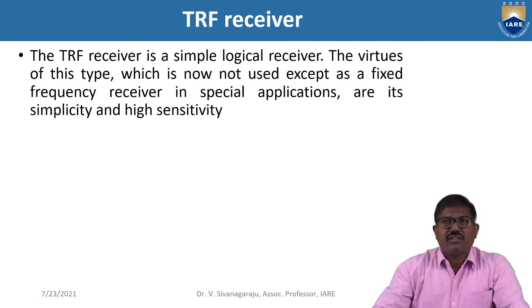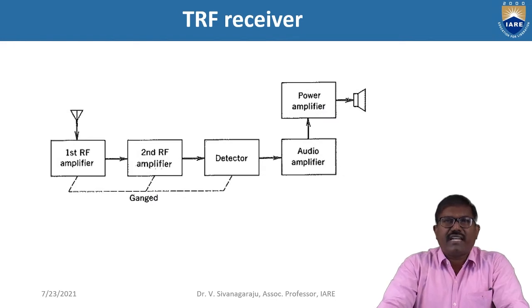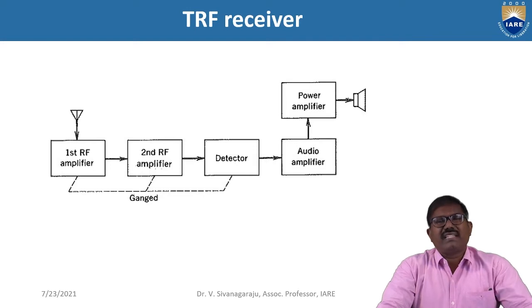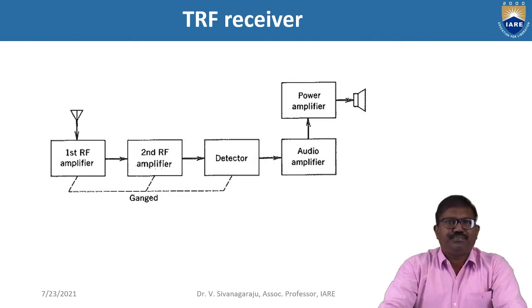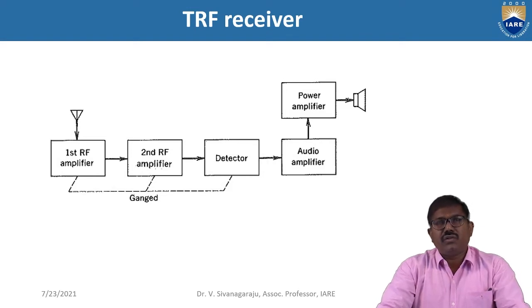Now see the block diagram of this TRF receiver. Here you can see the first block is the antenna, which receives the signal. That means it selects the signal from all the unwanted signals.